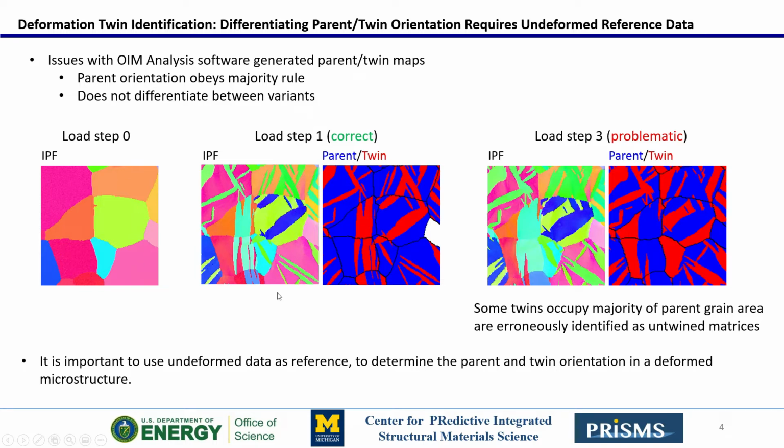Compared to the undeformed load step, we can see that if a grain is heavily deformed and the twin area accounts for a majority of this parent grain area, it can be incorrectly identified as the parent orientation. Therefore, we need to consider information from all load steps.